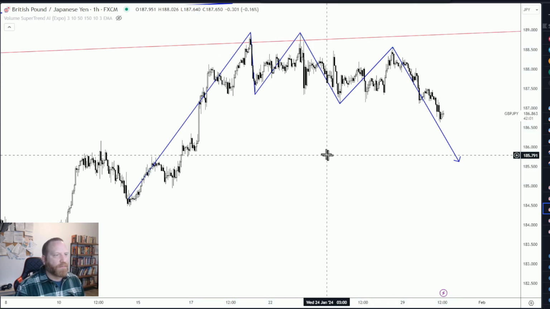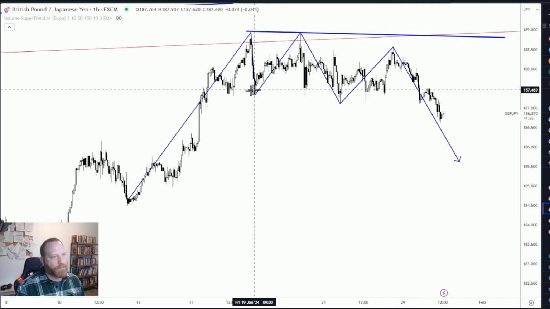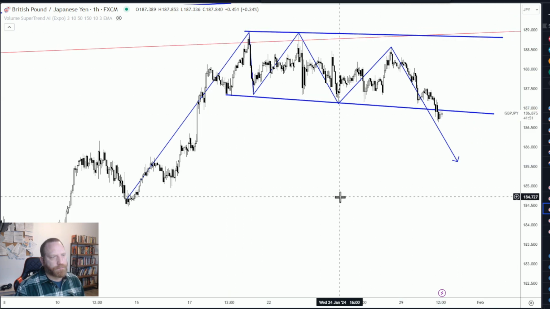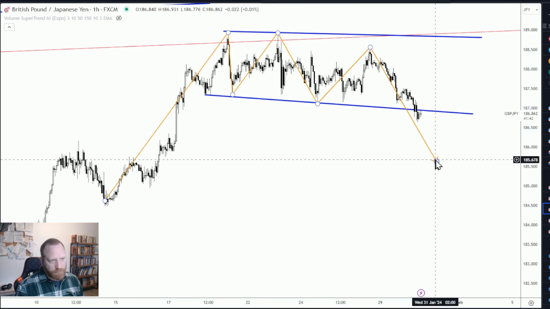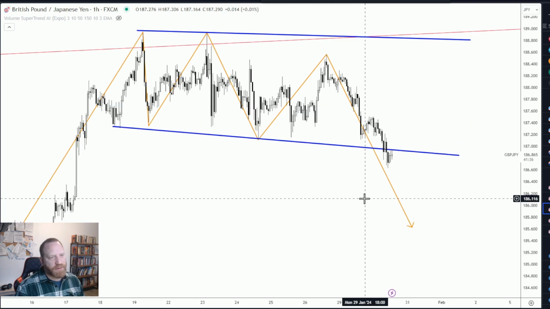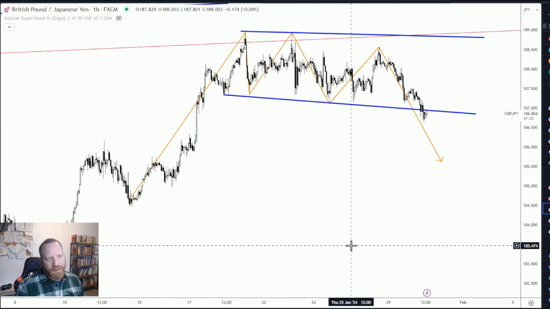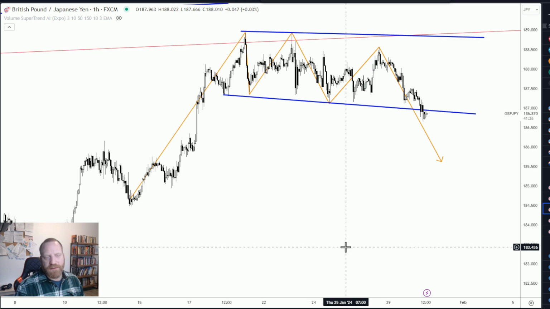Let me just trace the lines real quick. So this is the structure we're trading from. I shorted this yesterday on the break, but I'm preparing myself mentally for the opposite of that trade.